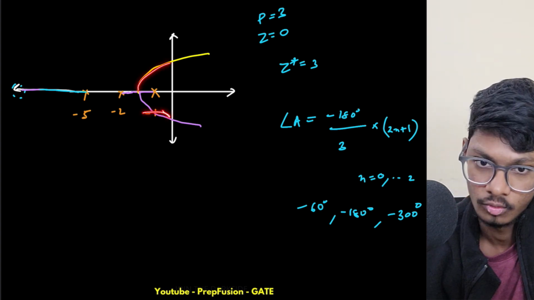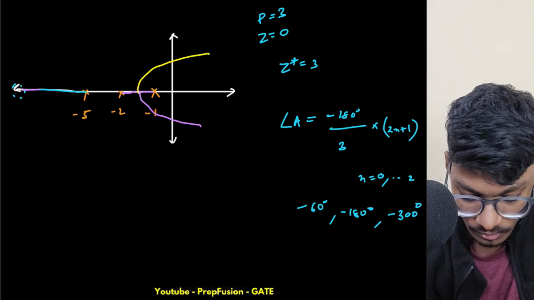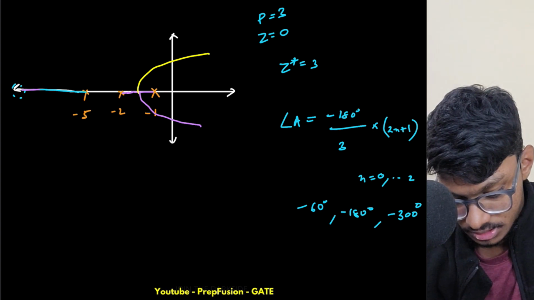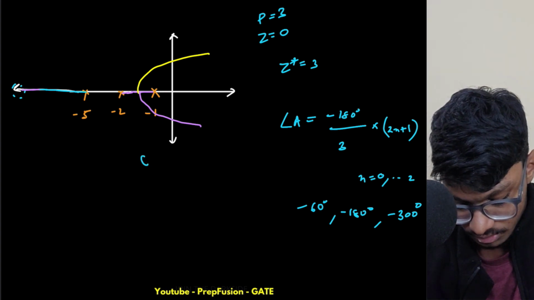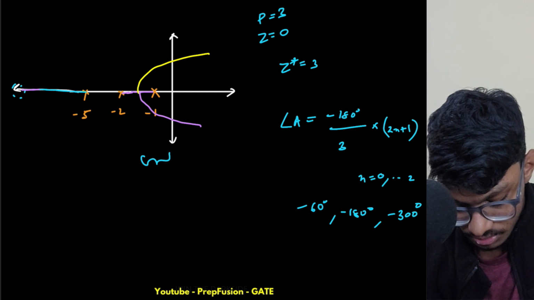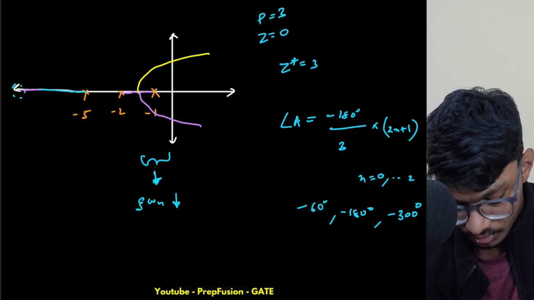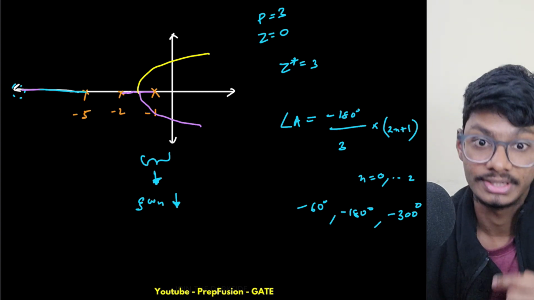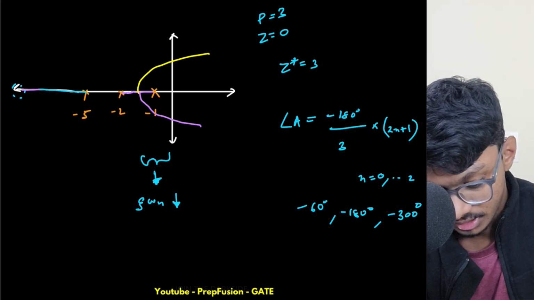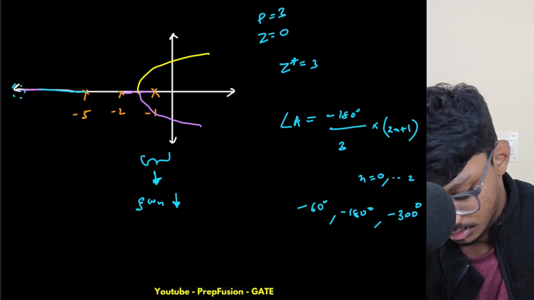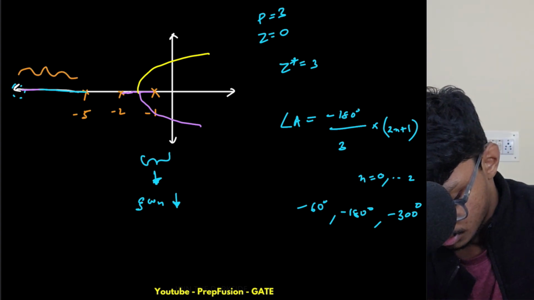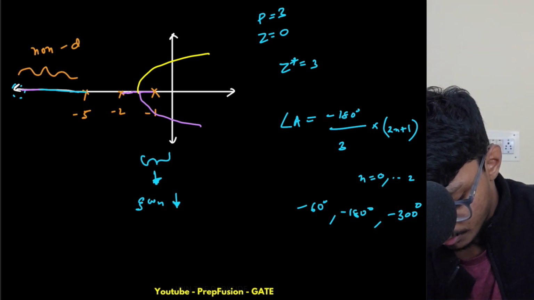If I'm moving closer towards the origin, what will happen? My zeta omega n will reduce. Now if zeta omega n reduces, my settling time will increase, because this is anyways a non-dominant portion. I can ignore this non-dominant portion.